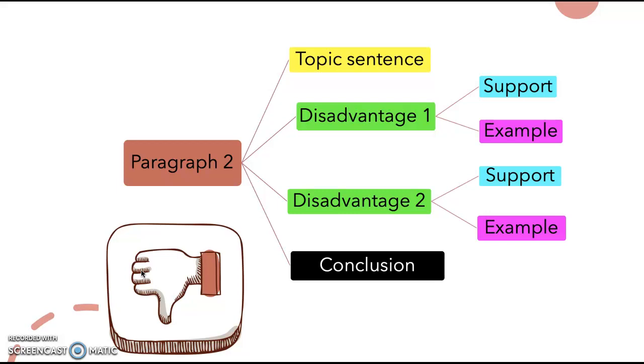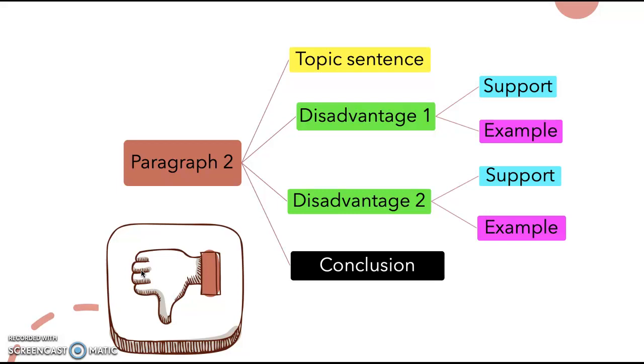This conclusion is going to be in the second paragraph. It is part of the second paragraph. It is not another paragraph. However, this conclusion has some special characteristics. It also has some elements.